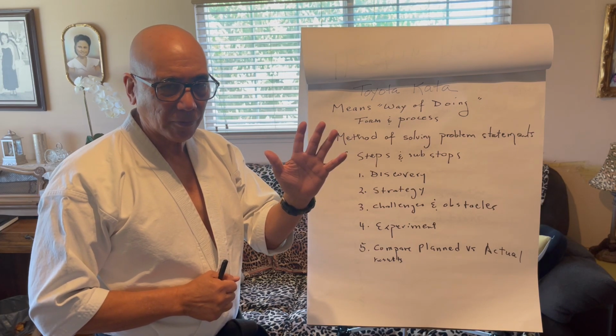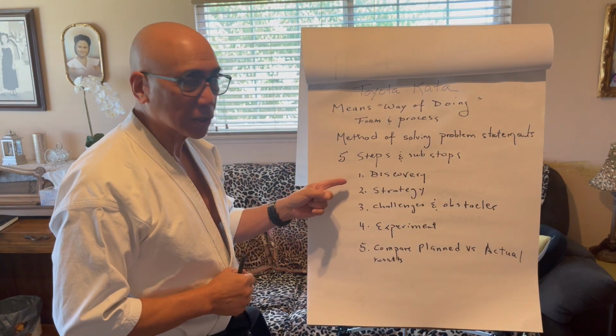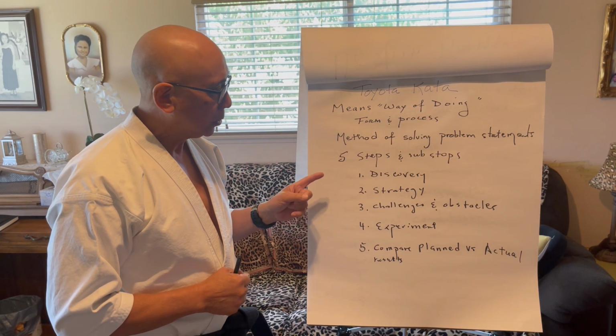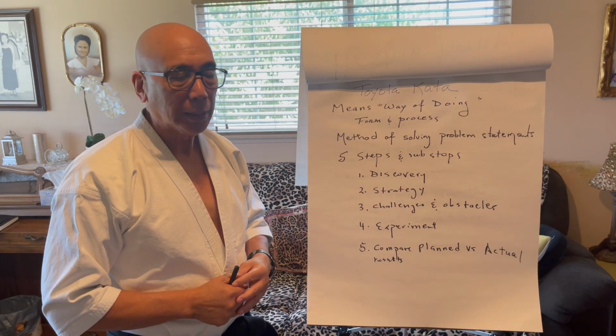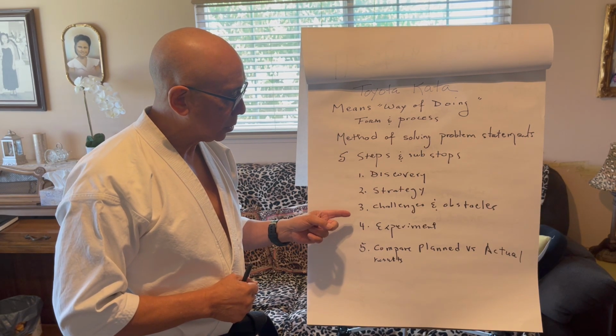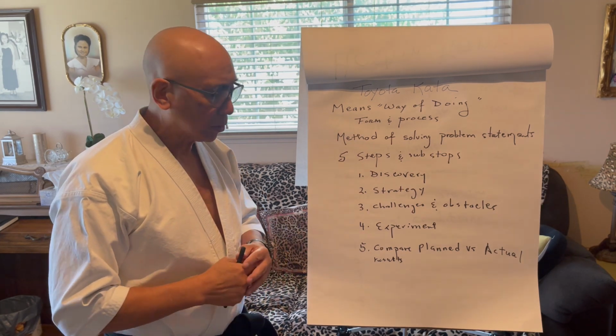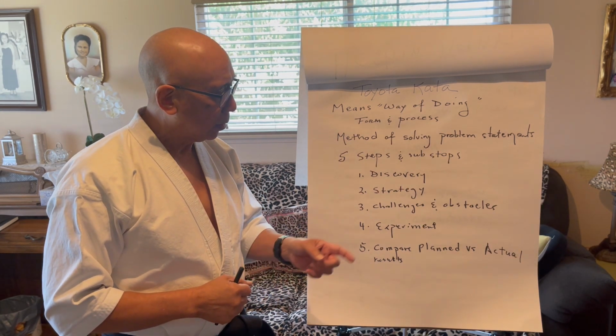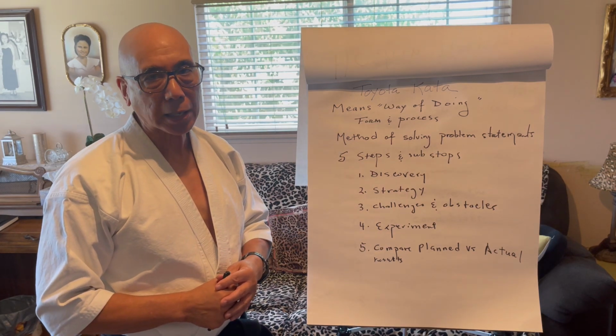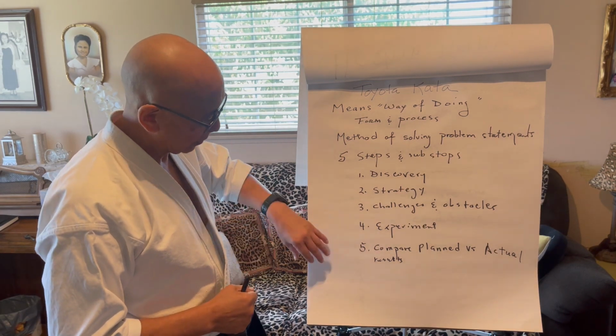The 5 major steps are discovery, strategy, challenges and obstacles, the experiment, and at the end, in conclusion, compare plan versus actual results.